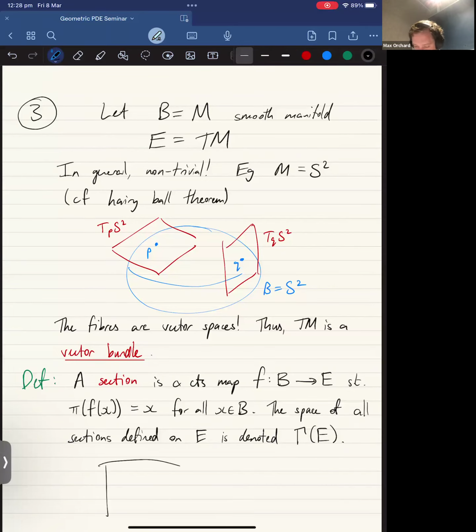And I guess a picture here would be if we have our base space here, at every point we have a fiber that lies in our total space. f assigns every point to some point on the fiber, like this. Okay.